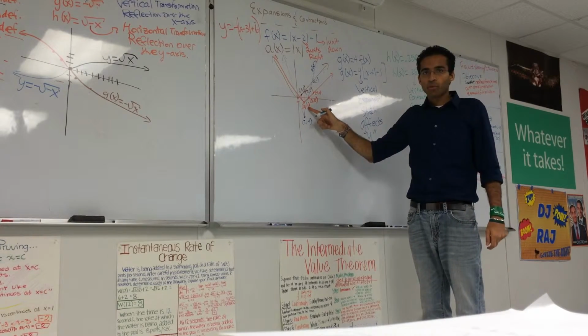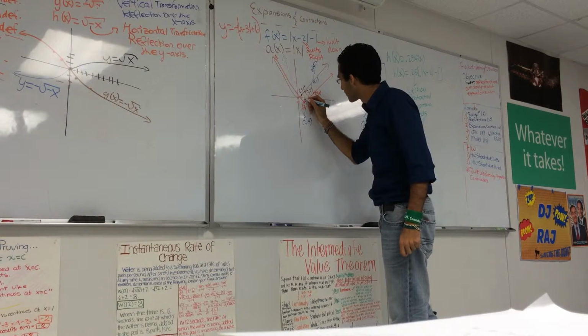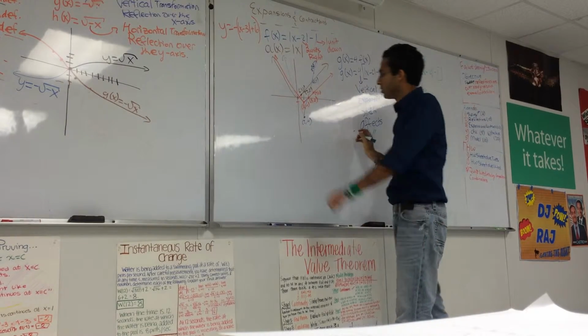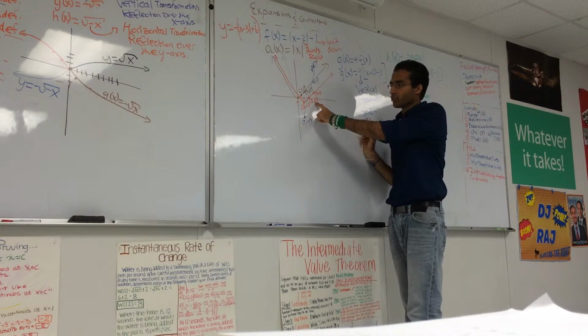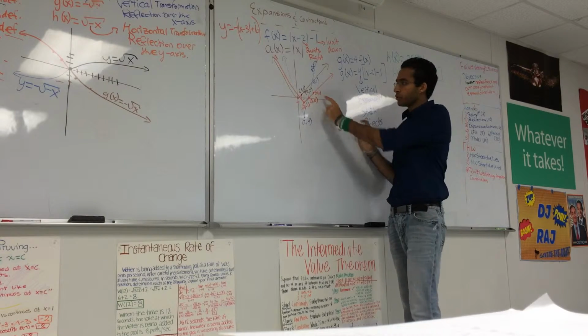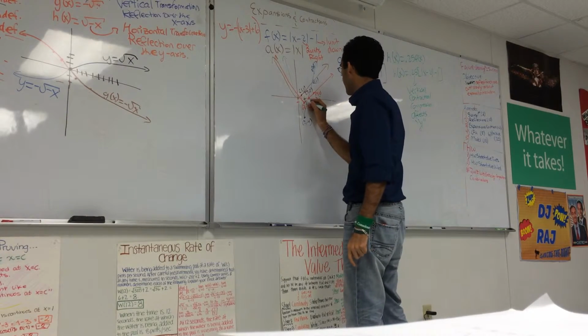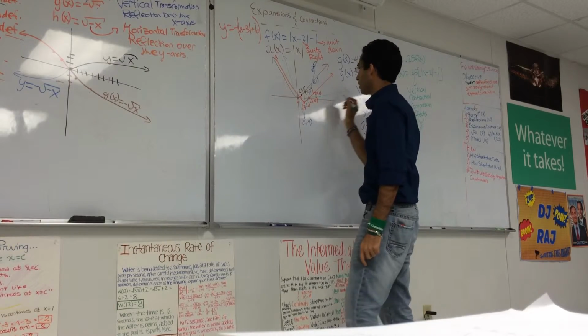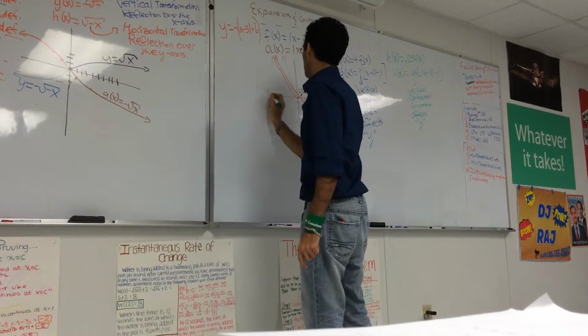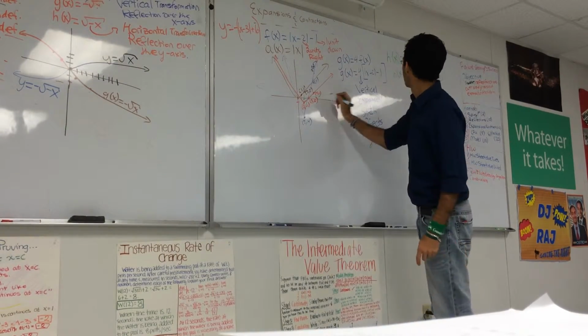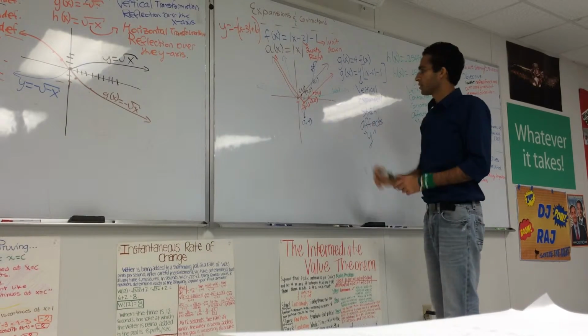Negative 1 times 0.25 is negative 0.25. That's right here. 0 times 0.25 is still 0. 1 times 0.25 is 0.25. And now you begin to see the pattern. The green graph is h of x.